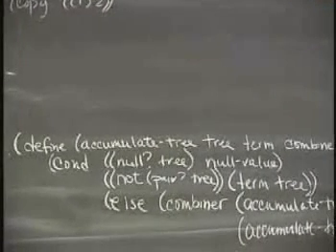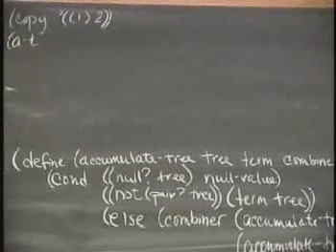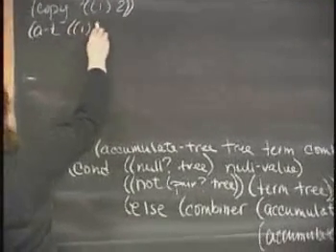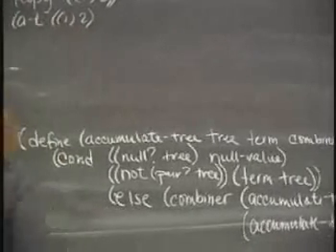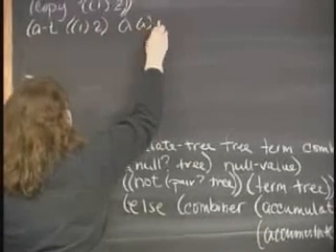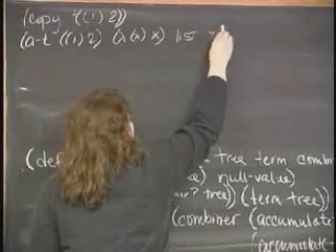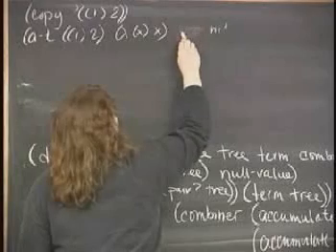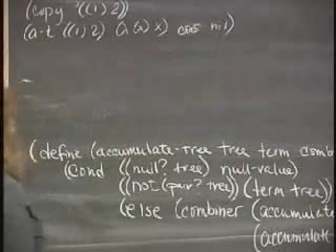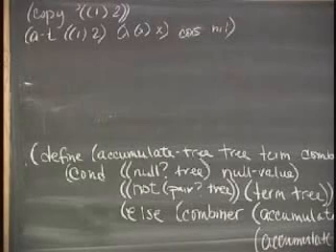So copy 1, 2 sets off a call to accumulate tree, which I will abbreviate as A-T, of the tree, our list 1, 2, our term procedure, lambda x x, our combiner, cons, and our nil value. Okay, what happens? Got the call.